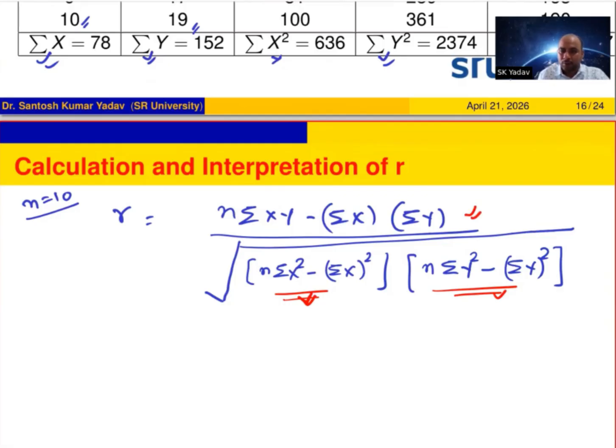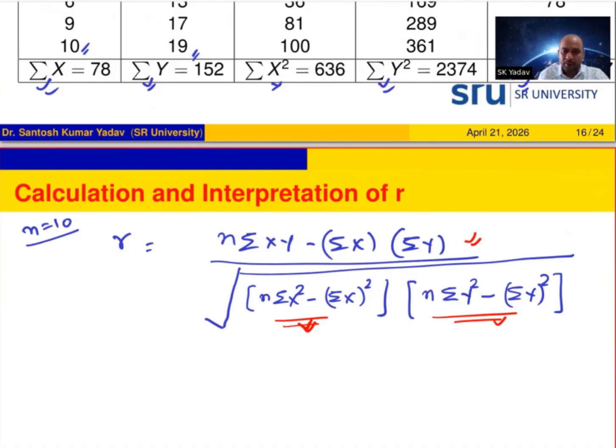So by using this we can put the values, and the values are given here. So I can write now 10 into this xy is given as 1227 and minus 78 times this summation x, summation y is 152.